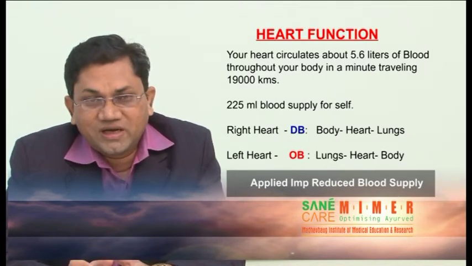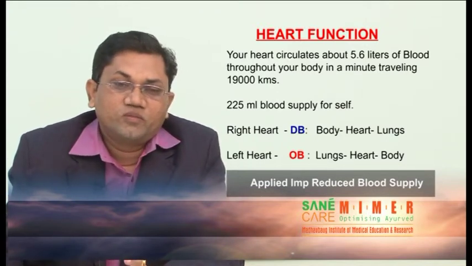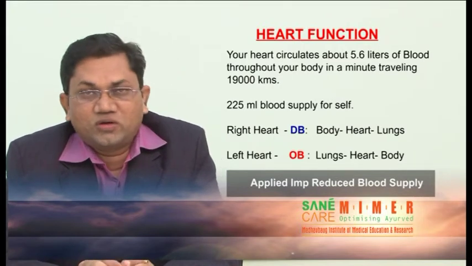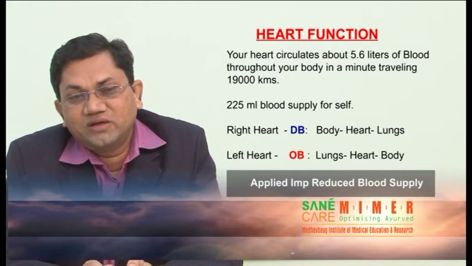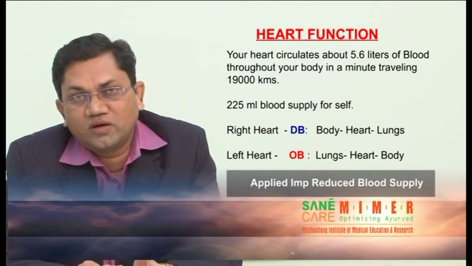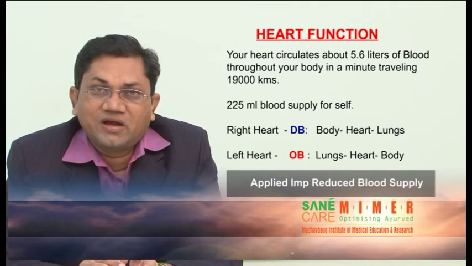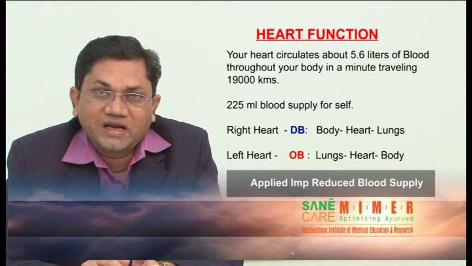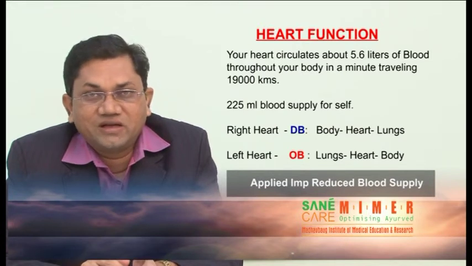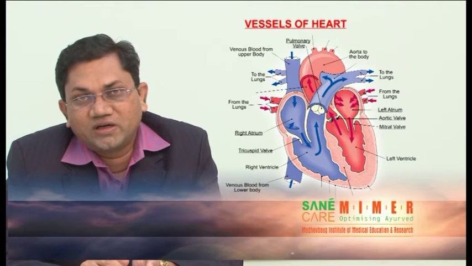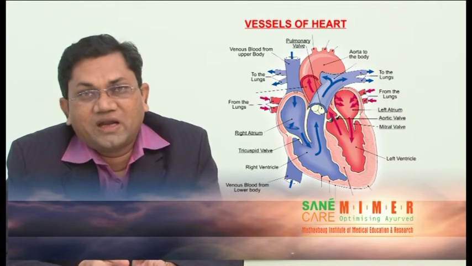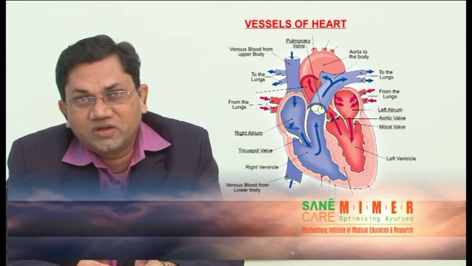To understand this, we will now see how the heart functions. From all the peripheral body systems, the blood gets collected through the superior and inferior vena cava and enters the right atrium. From the right atrium, it enters through the tricuspid valve into the right ventricle, and from the right ventricle it is ejected out through the pulmonary trunk to the lungs, where it gets oxygenated.